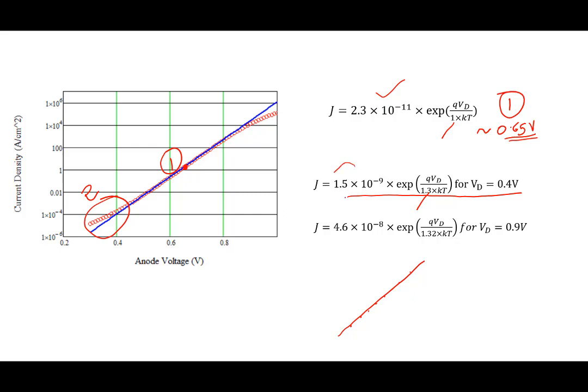Not only that, the saturation current is also different here. Then the other one is region number 3, where I took 0.9 volts. Here also the ideality factor is 1.32 or so, and the saturation current is 4.6 times 10 to the power minus 8.